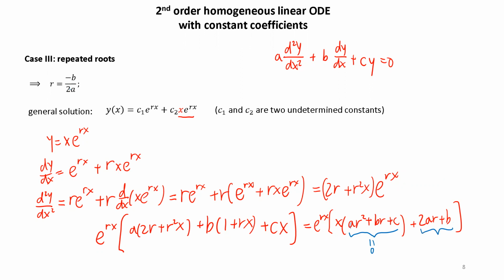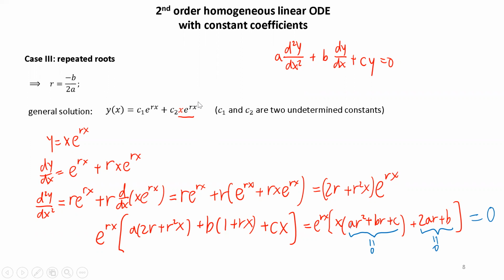R is minus b divided by 2a, so that's why 2aR plus b is also 0. So the whole thing is 0, and this is indeed a solution to this equation. And of course, even without the x, it is also a solution. But at least that's the first answer on why this one is a solution: because it is.